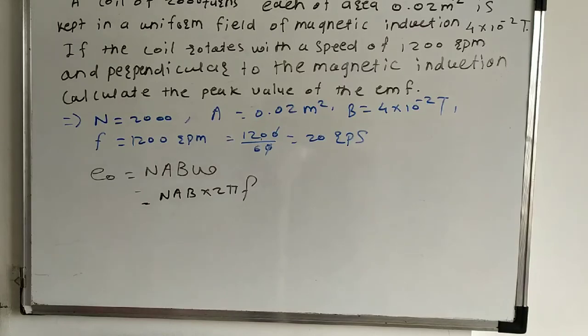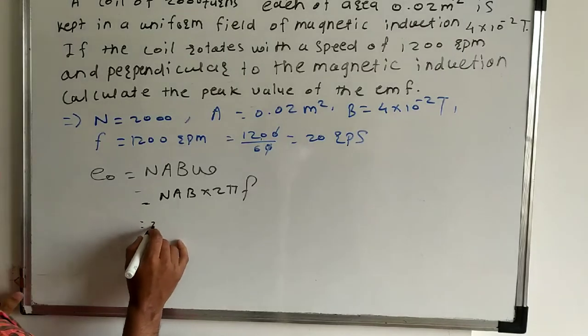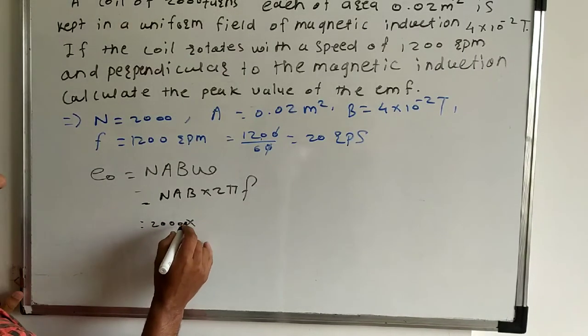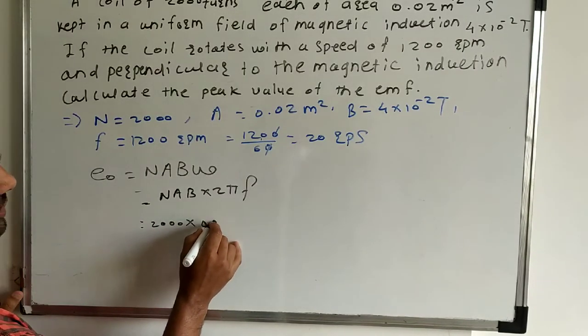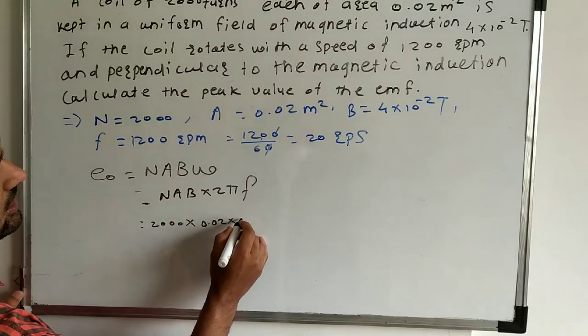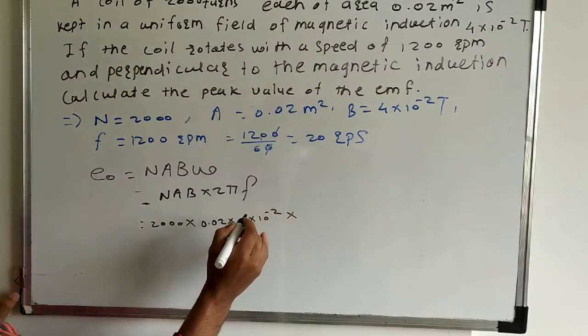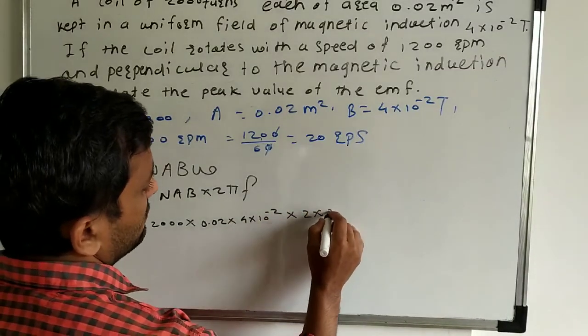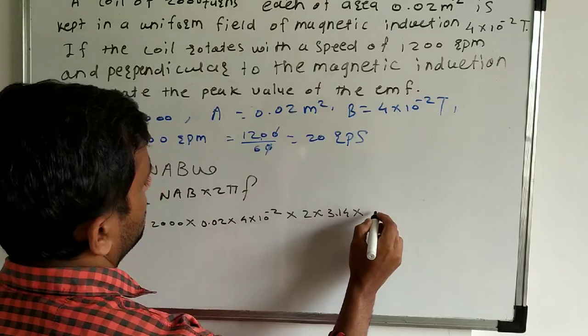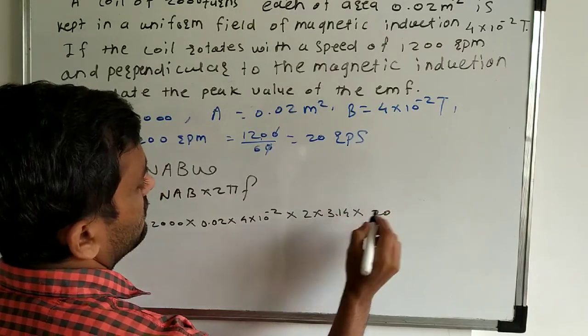Put the values of the given terms. Number of turns 2000, area is 0.02, magnetic induction is 4 into 10 raised to minus 2, pi 3.14 and the frequency is 20.